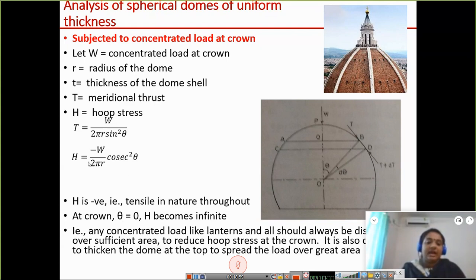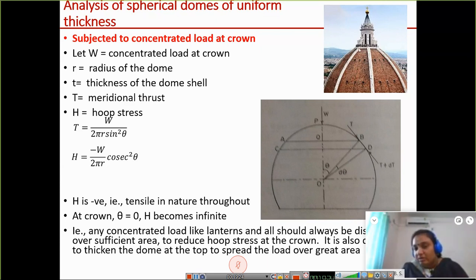So that means at theta equal to 0, H becomes infinite. So if you are providing any concentrated load like a lantern, you should give a sufficient distribution area so that it reduces the hoop stresses at the crown.